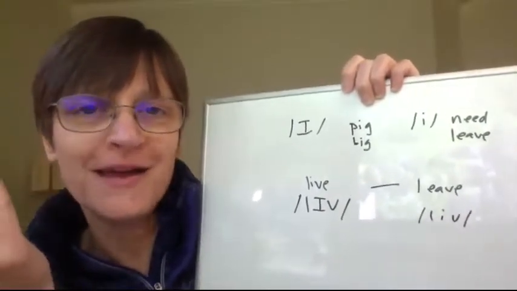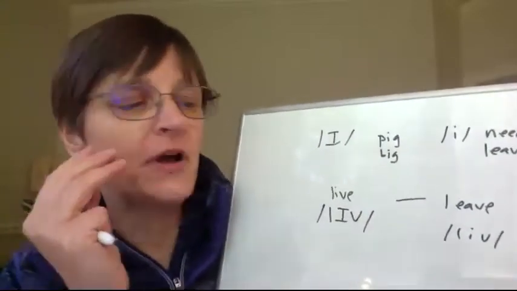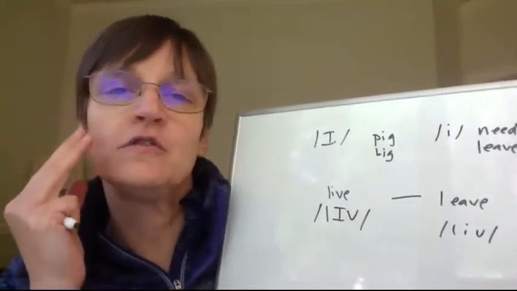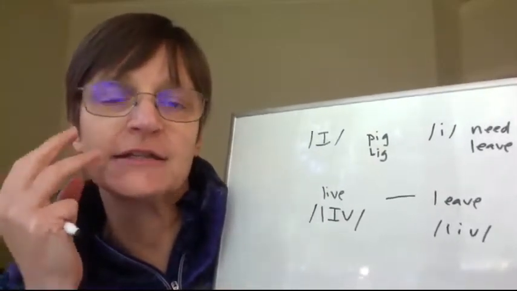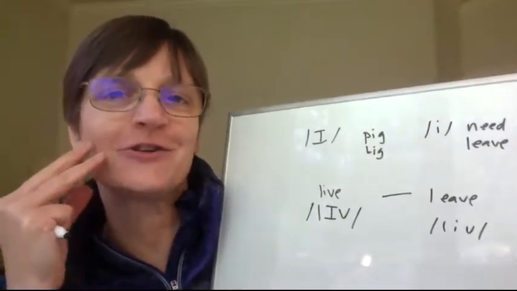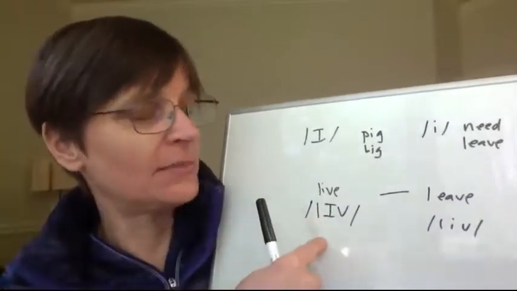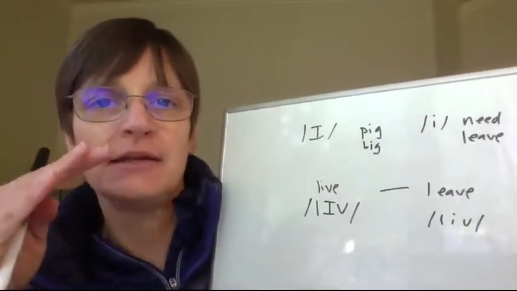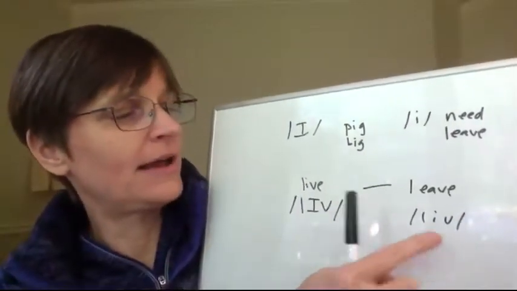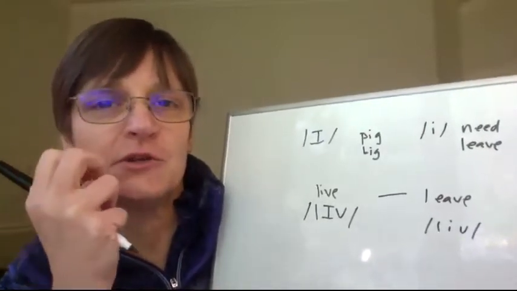What I often recommend to people to be able to feel that better is to think about contrasting words and make sure that when you're saying something like leave, you feel that your tongue is tense, and you can also feel more of a smile or tension in your face. So leave versus live, my face is more lax and my tongue is more relaxed. The main thing that makes the acoustic difference is the position of my tongue, but I can use those facial muscles to help me make a difference between those two sounds.